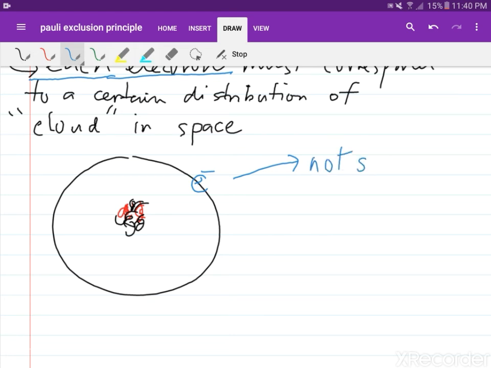Not all electrons can be confined to the ground state.